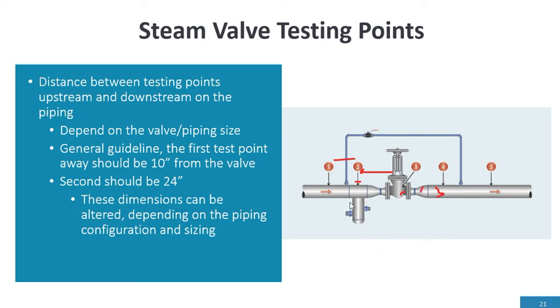So we'll say 10 inches for the first, and the second should be 24. But this is not written in stone. It varies with the installation of the valve and what you can and can't do for test points.